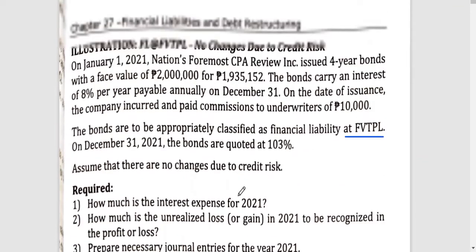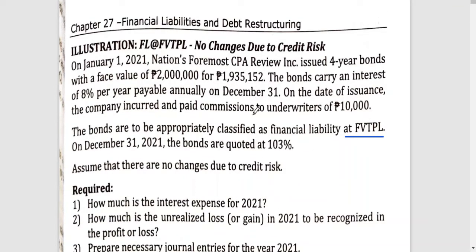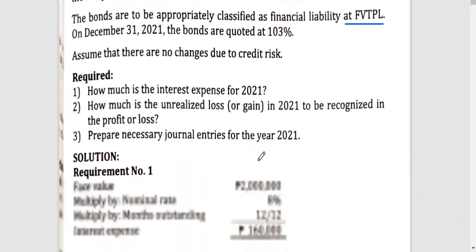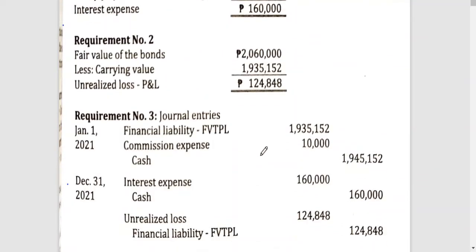Our cash is 1,935,152. But less 10,000 because there is a commission expense. So 1,925,152. And this is cash because we are the ones who sold the bonds. Nation's Foremost is the one who sold them. So this is cash.